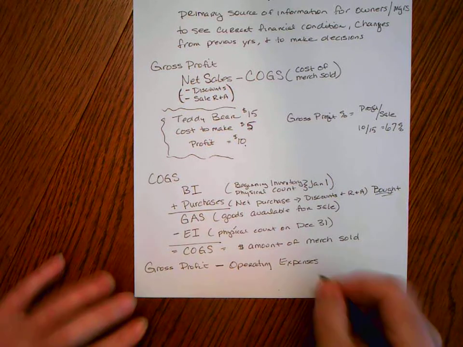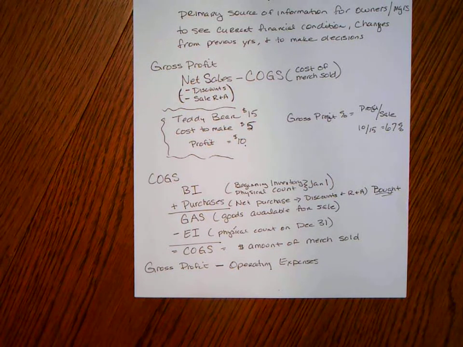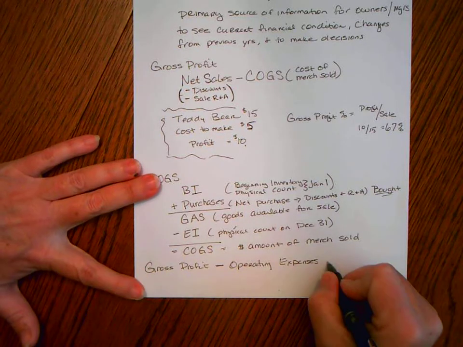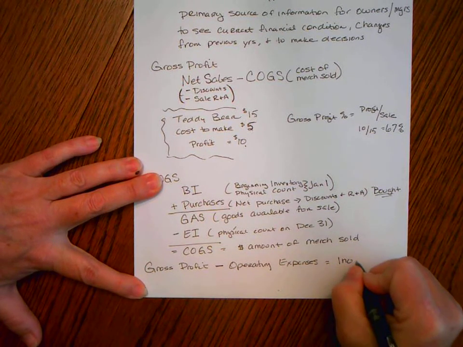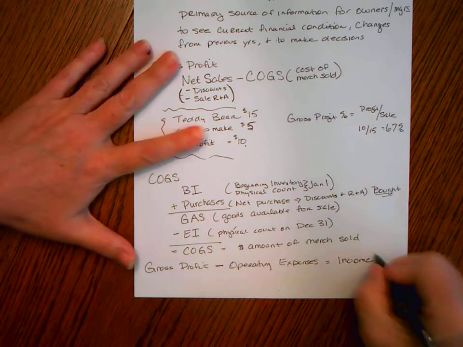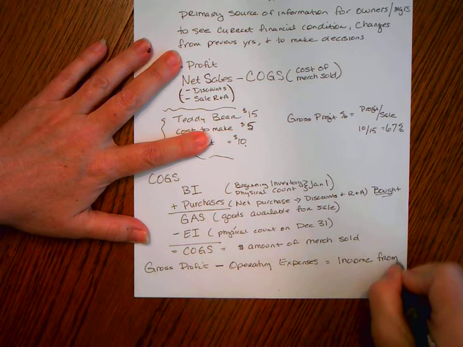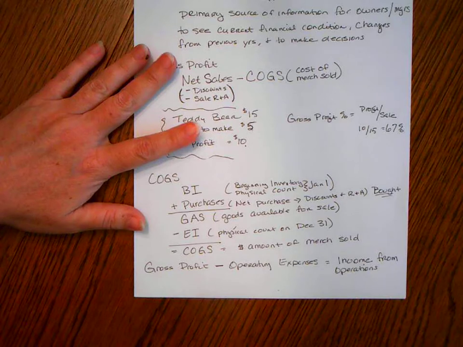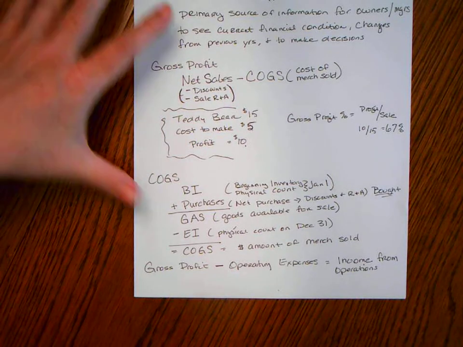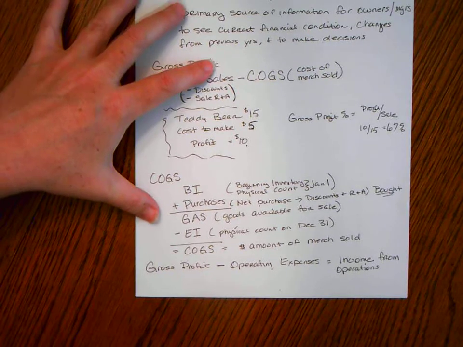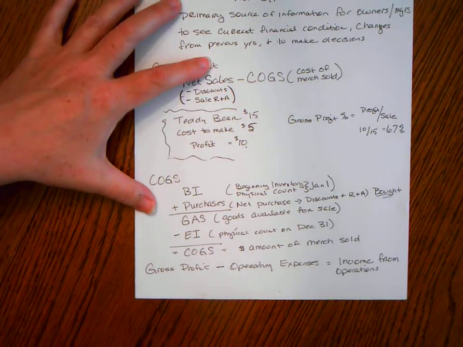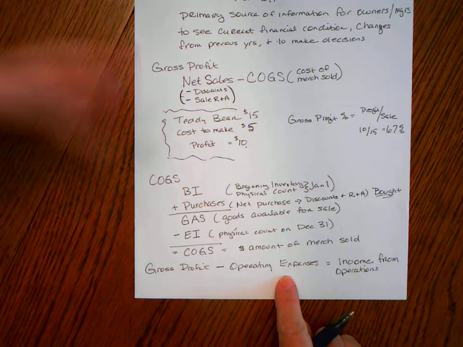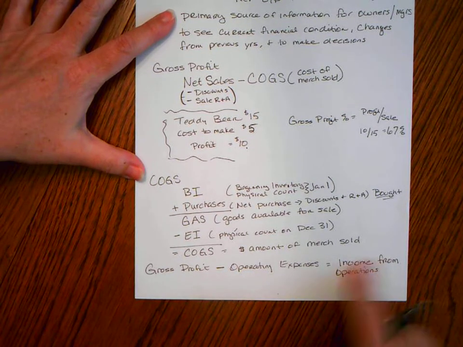All of those things that we've talked about as expenses are the day-to-day operations of a business. And then this will equal income from operations. So basically your profit from making and selling your product, minus all of those day-to-day expenses, gives you your income from operations.